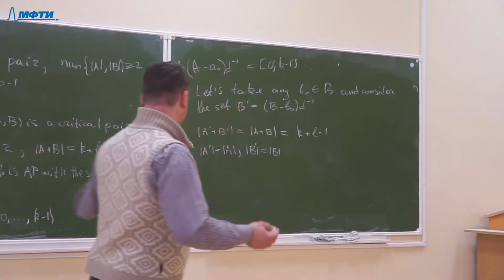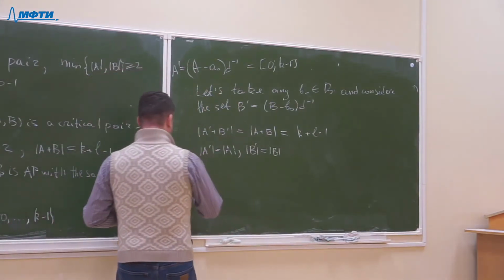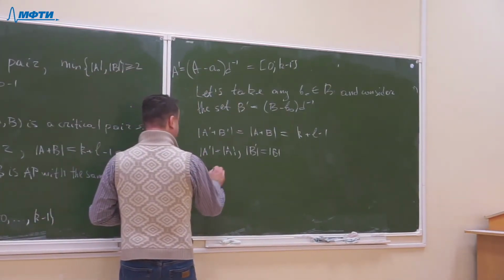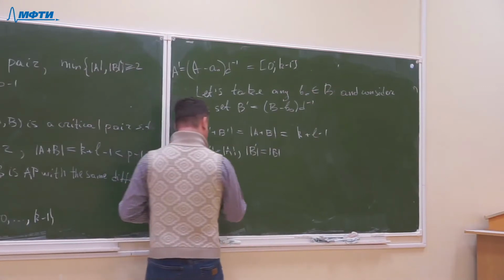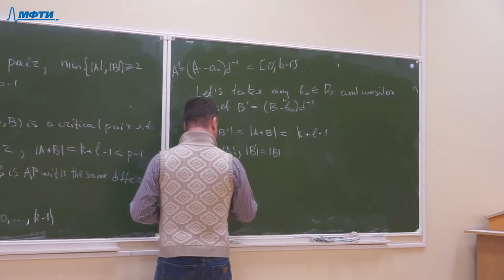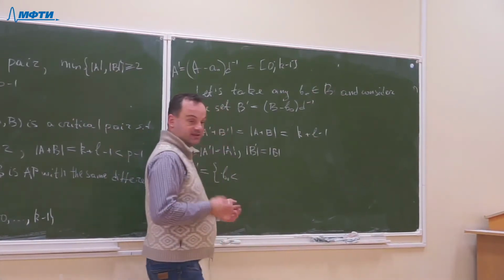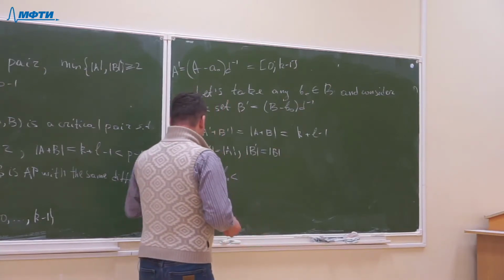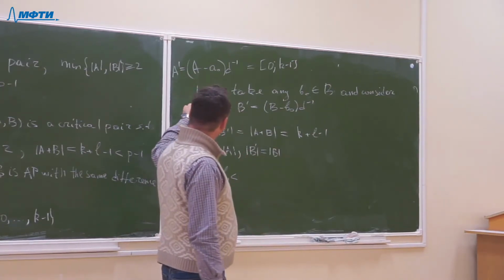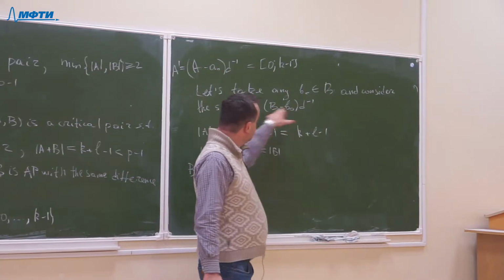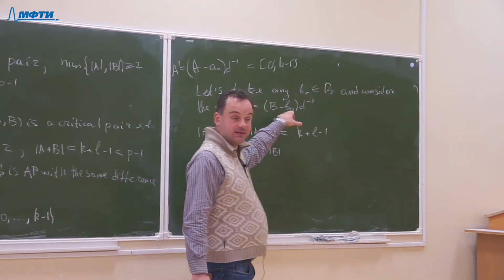Well, let's write down all the elements from B prime, in order. B0 is 0, right? Because 0 is contained inside.